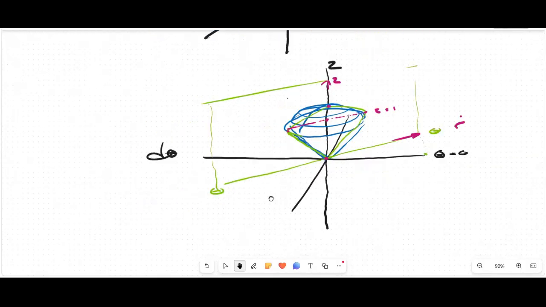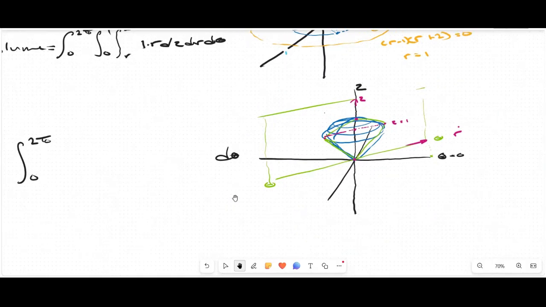It doesn't look like it from my drawing because I wasn't thinking about that when I tried to draw it. So here's what we're going to do. Inside of theta, we're going to take z from 0 to 1, and we're going to find some bounds on r.